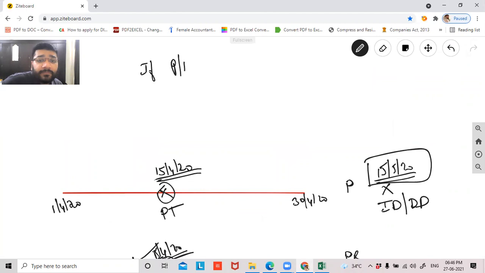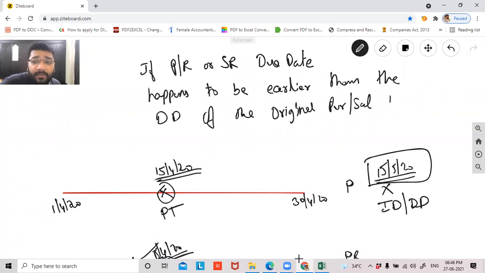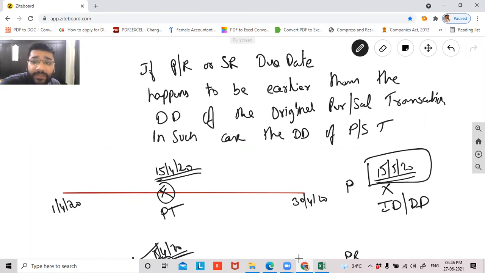If the purchase return or sales return due date happens to be earlier than the due date of the original purchase or sale transaction, in such case, the due date of the original purchase or sale transaction has to be considered.